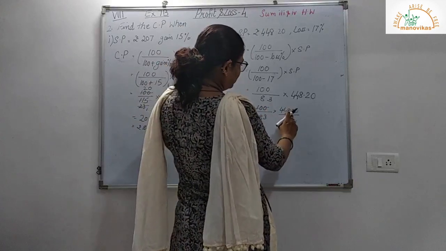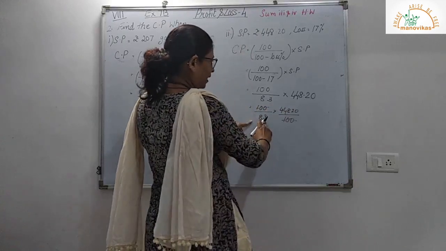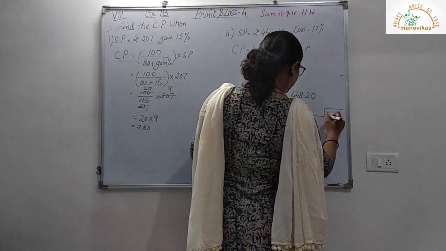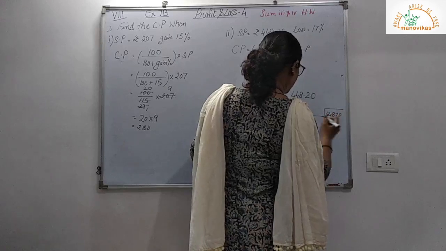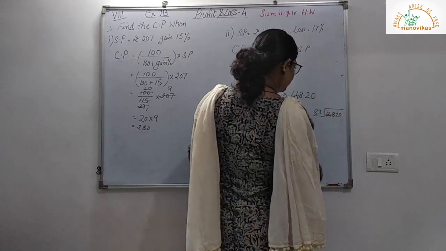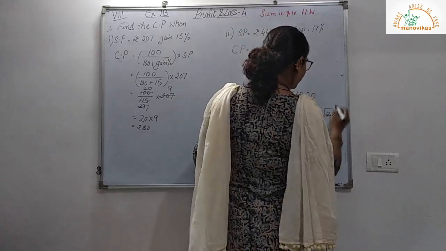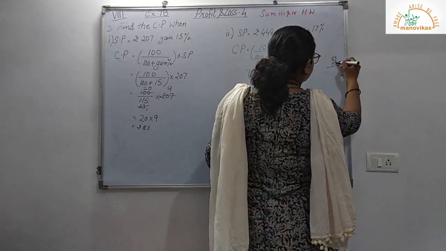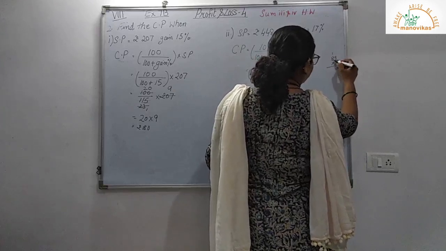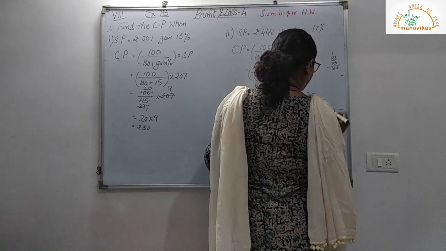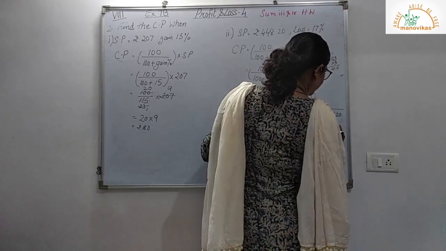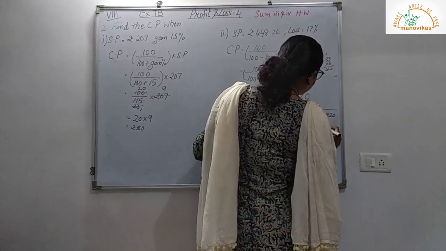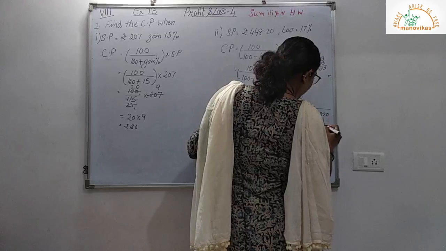Now 44820 divided by 83, that will give you, so I have here 44820 divided by 83. Now if I take 83 5s are, so 83 into 5, that will give you 5 3s are 15, carry 1, 5 8s are 40 and 41, so 415. Okay, 0. So here 8 minus 5 gives you 3, 4 minus 1 gives you 3. Then I get this 2 down over here.